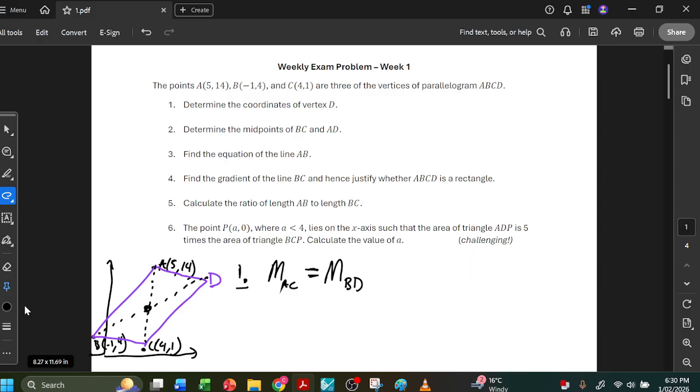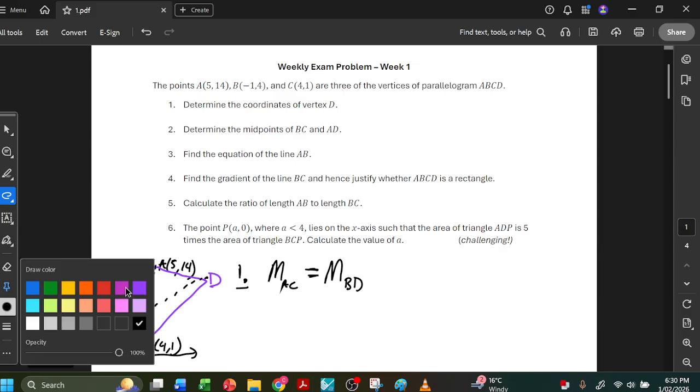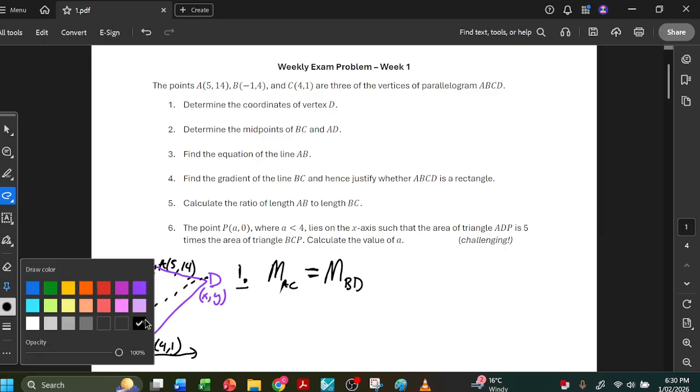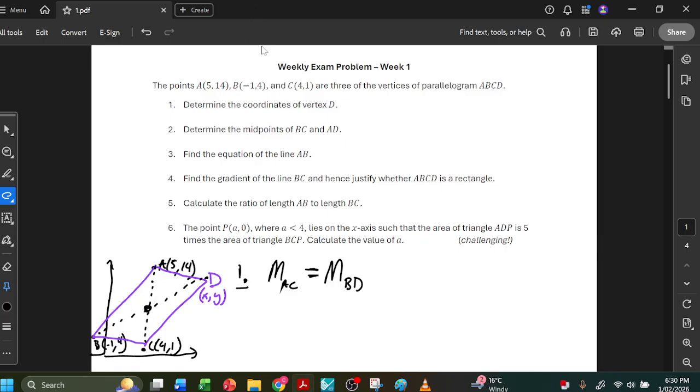Okay, so let's just set that up. Now remember, we do not know what the coordinates of D are, so I'm just going to call those coordinates (x, y), and we're going to try and solve for x and y. So let's go ahead and set up that equation. We're going to use the midpoint between 2 points equation, which is basically we take the average of the x coordinates, which in the case of AC are 5 and 4, so that's (5 + 4)/2, and then we look at the average of the y coordinates, which are 14 and 1, so that's (14 + 1)/2.